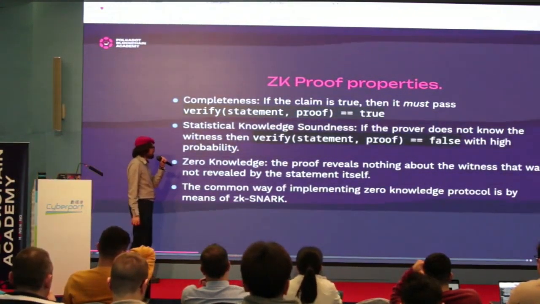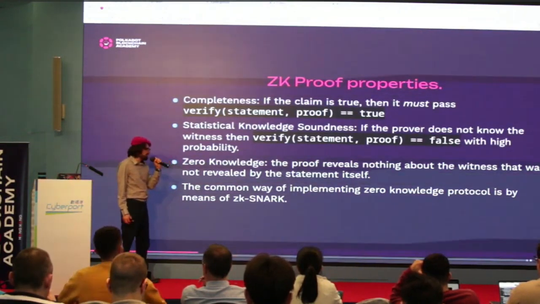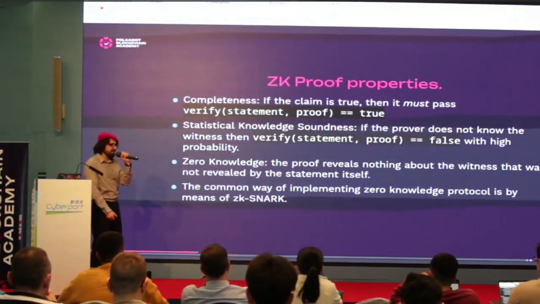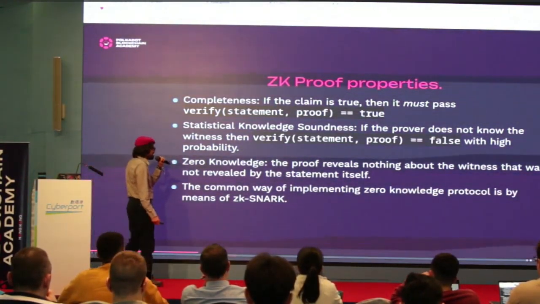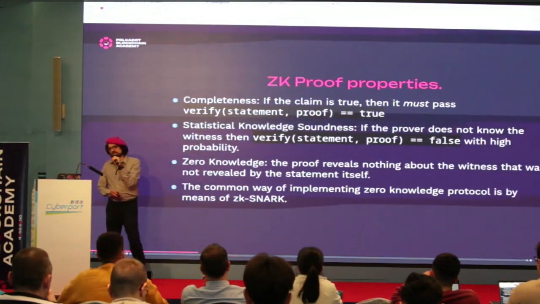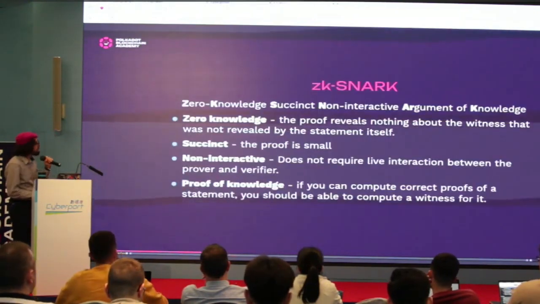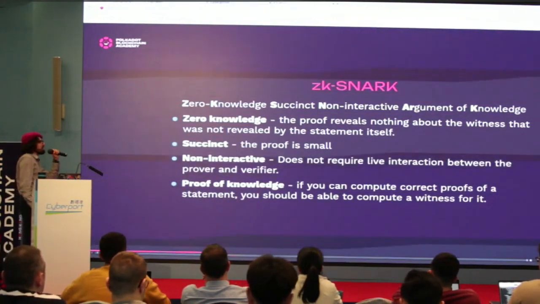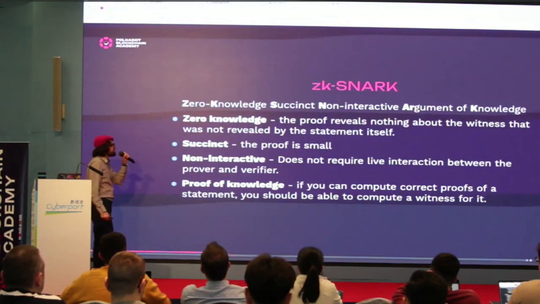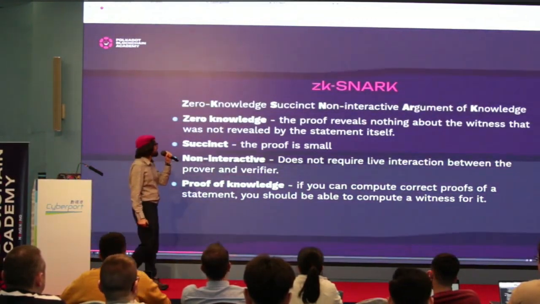So there are many ZK proofs from before, but the modern way of implementing a general ZK proof is using ZK-SNARKs. So we'll go and see what ZK-SNARKs are. ZK-SNARK stands for zero knowledge succinct non-interactive argument of knowledge.